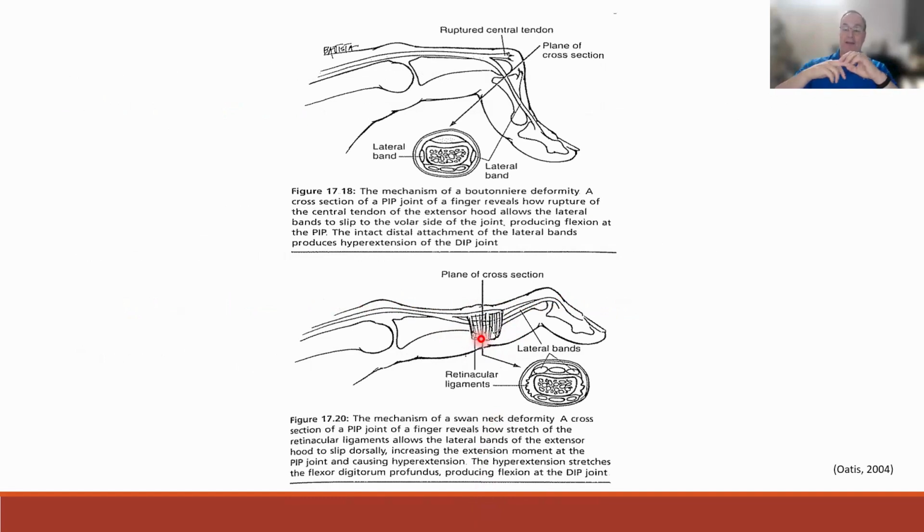We can also get a swan neck deformity in somebody that has had a volar plate injury, right? Essentially the joint is going to bottom out or subluxes anteriorly, and that's what leads to this swan neck type of deformity. So the boutonniere deformity is at the top of this image, swan neck deformity at the bottom.